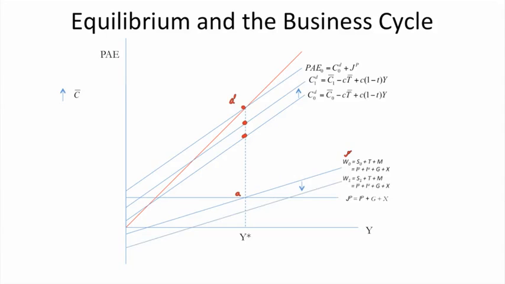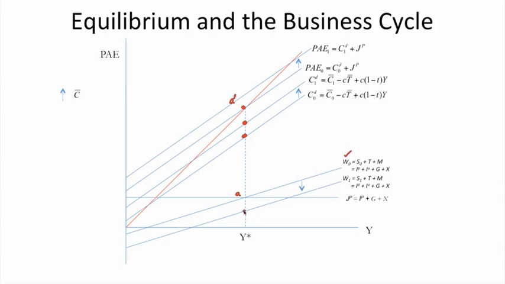So the withdrawal schedule will shift downwards. The final part of the story is to remember that consumption is a component of planned aggregate expenditure. So if the consumption function has shifted up, so also has planned aggregate expenditure.